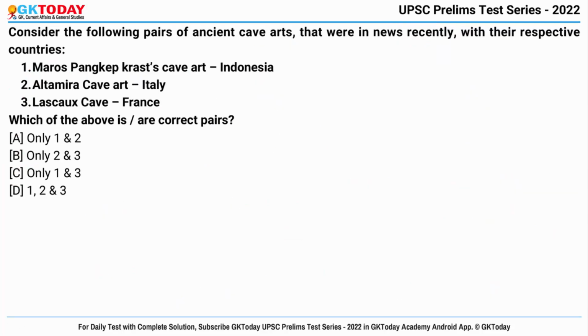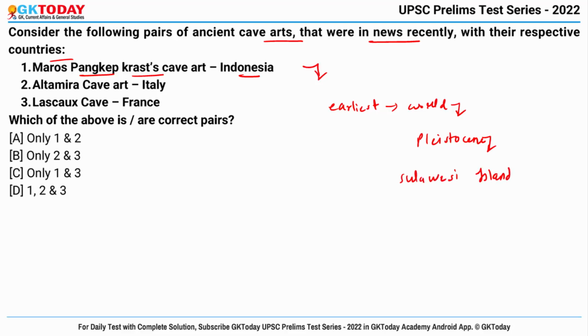Consider the following pairs of ancient cave arts that were in the news recently with their respective countries. So first is Maros Pangkep Cave Art, Indonesia. This cave art is considered to be the earliest figurative artwork in the world, and these Pleistocene era paintings are located in the Sulawesi Islands that lie in Indonesia.